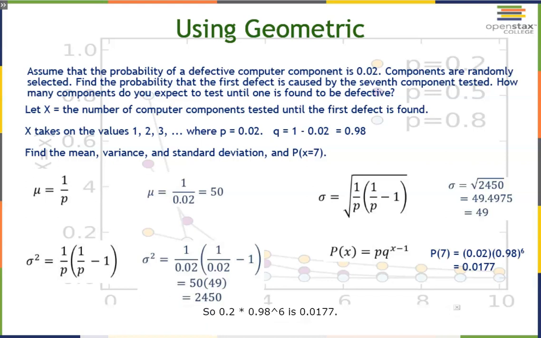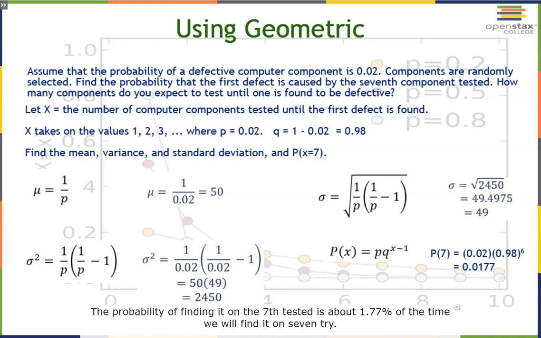So 0.2 times 0.98 to the 6th is 0.0177. So the probability of finding it on the 7th tested is about 1%, 1.77% of the time we will find it on the 7th try.